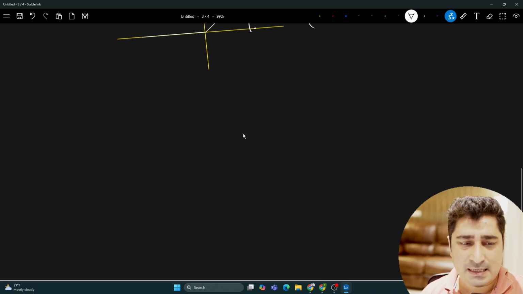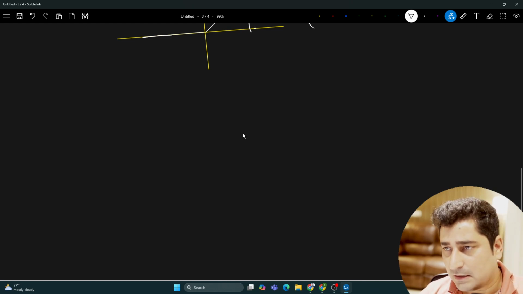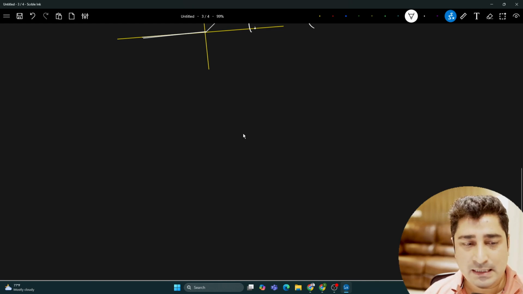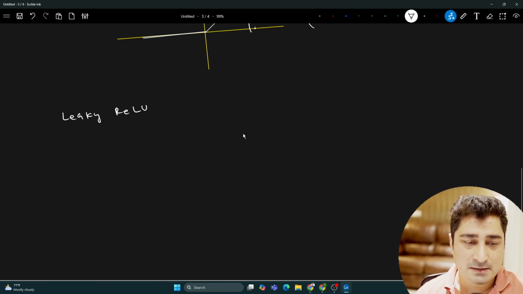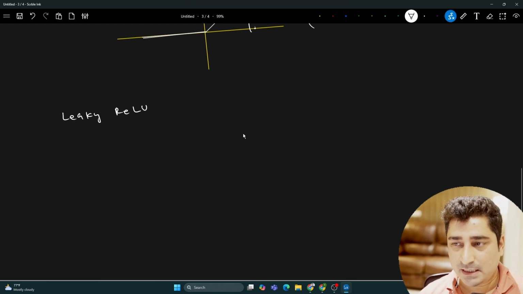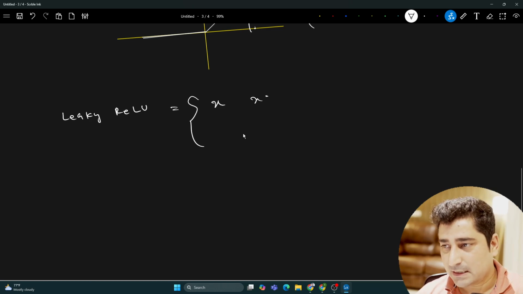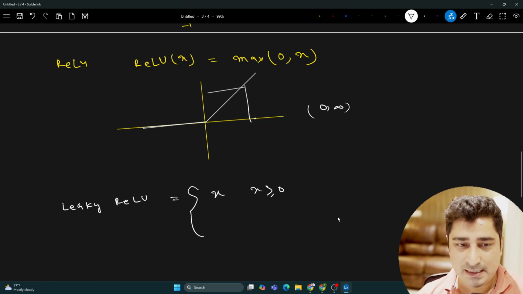Now there is something called leaky ReLU, which tries to solve the vanishing gradient problem on the negative side. Leaky rectified linear unit gives me an output of x for x greater than 0, so the graph is the same for x greater than 0.